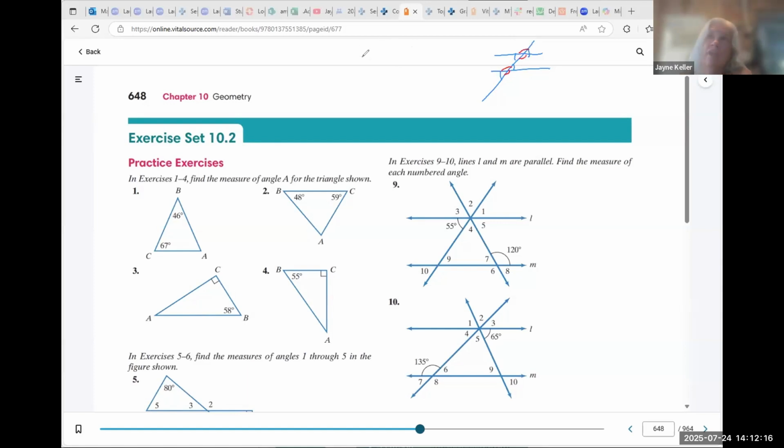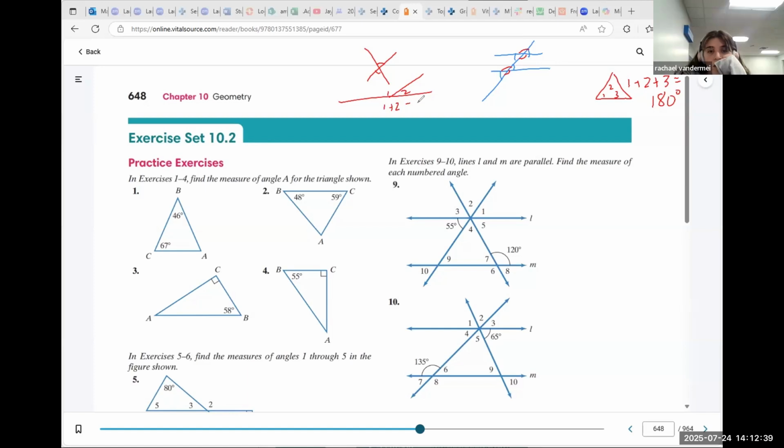Then we have vertical angles, which are always congruent. And we have our triangle where the angles add up to 180. We also have supplementary angles, so these two angles add up to 180, remember?